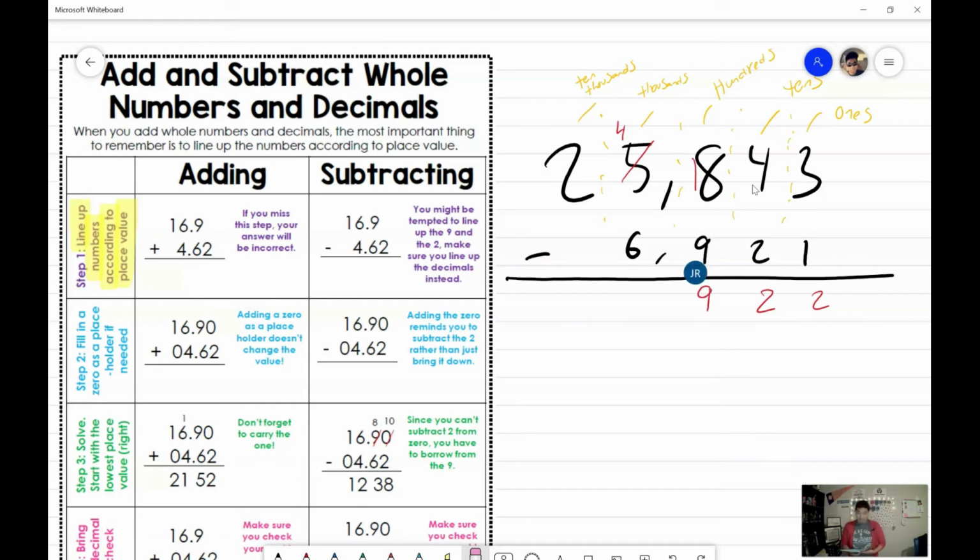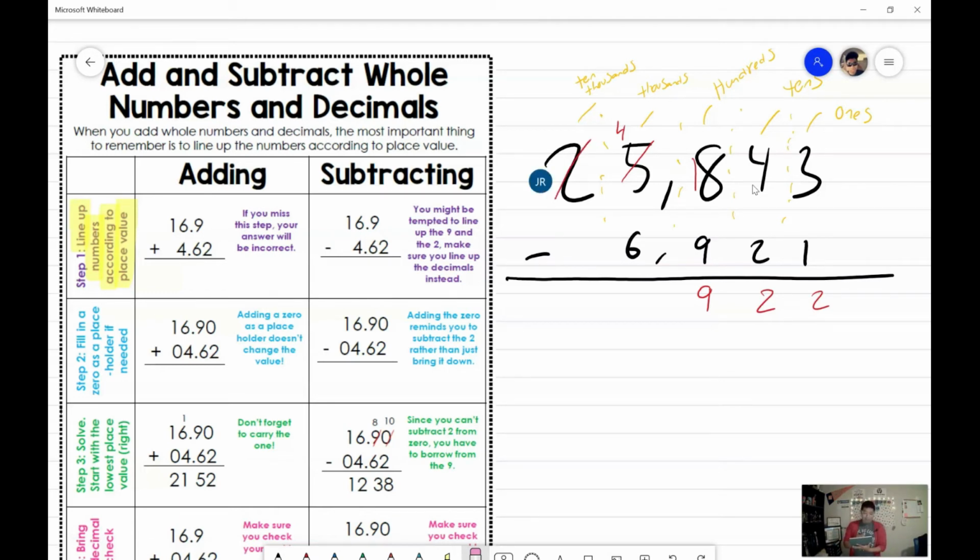So what is that? 9. Good. 4 minus 6. I have 4 fingers right in front of me. Can you take away 6? No, because I only have 4 fingers. How can you take away 6? Okay? So, let's do this again. Go to your neighbor. Hey neighbor, can I borrow a 10? Your neighbor's gonna say what? Yes. Okay?